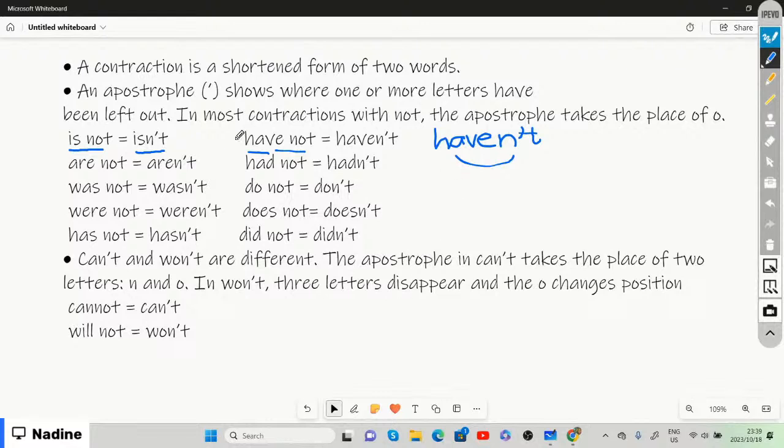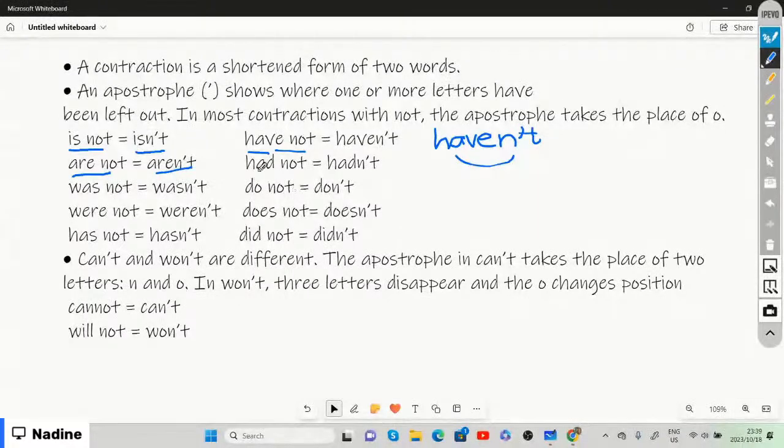Yes, lovely. Then we have are not, right? And our contraction of are not is aren't, which is are and not basically joined, making it into one word, right? But instead of also writing the O for not, we remove the O, and in place of the O, we put the apostrophe.